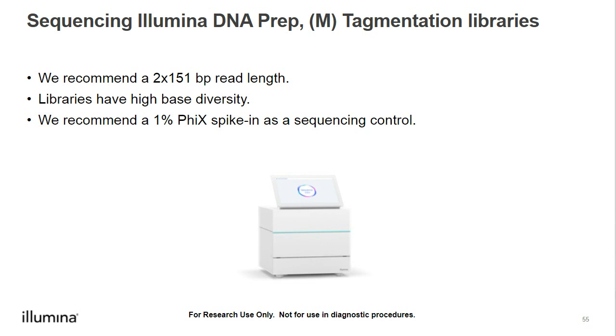We recommend spiking 1% of the Phi-X control library into the library pool before sequencing as a sequencing control. In the following slides, we will evaluate a run with samples prepared with the Illumina DNA prep with tagmentation workflow, run on the iSeq 100 sequencer. Nextera XT libraries will perform similarly.